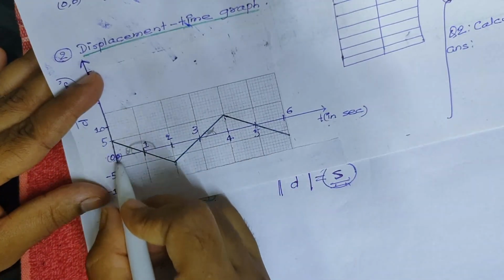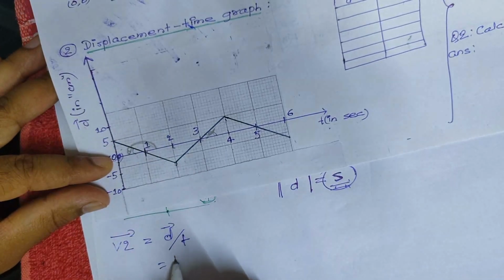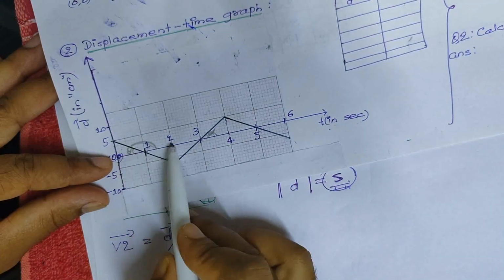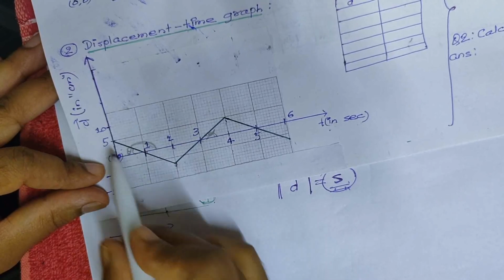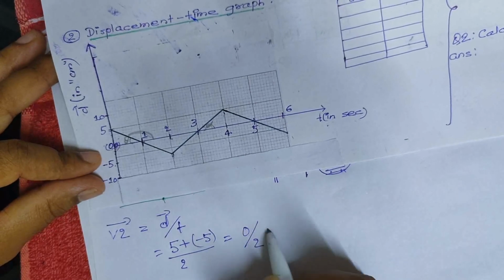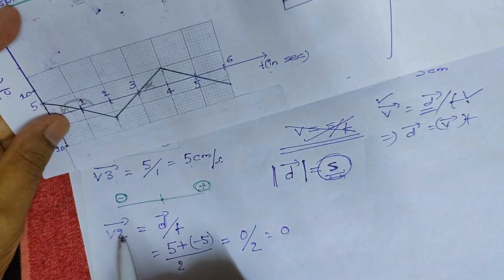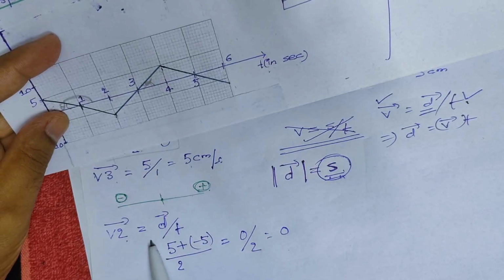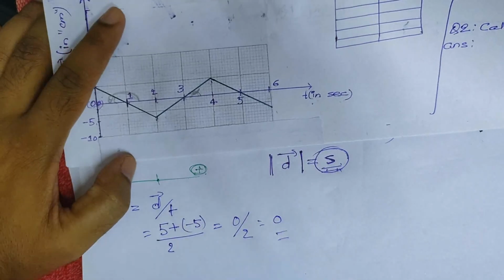It is this value. This is 5 plus minus of 5 by duration. How much is the duration? 2 second. Minus 5 plus 5 comes out to be 0, and 0 by 2 we know is 0. So that's why the velocity at t equal to 2 second is 0. So this is something I wanted to let you guys know.